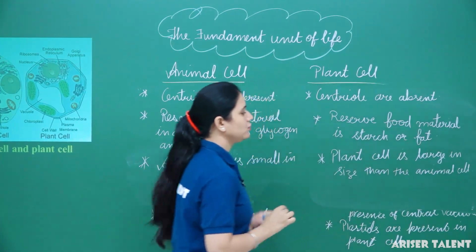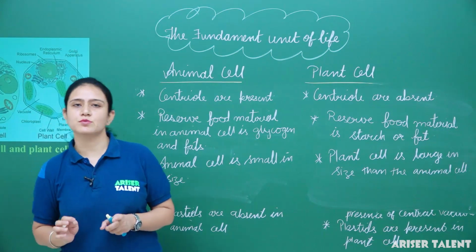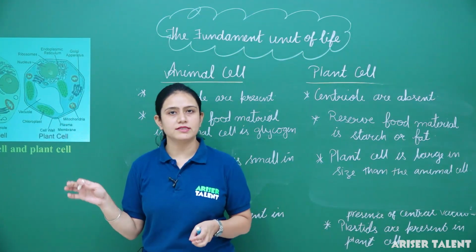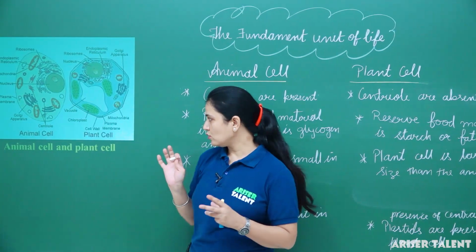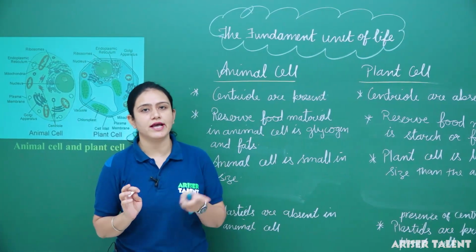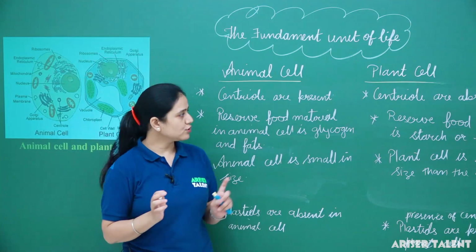Okay. So, these are the important differences between animal cell and plant cell which you can learn from the structure itself. Clear? So, hope all the differences between the animal cell and plant cell are clear to you.